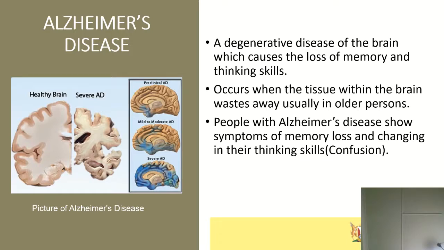So you can simply say confusion also sets in. So that is all about Alzheimer's disease. Remember, according to the examination guidelines, you need to know the causes of the disease as well as the symptoms. So you don't have to worry much about how to treat it.